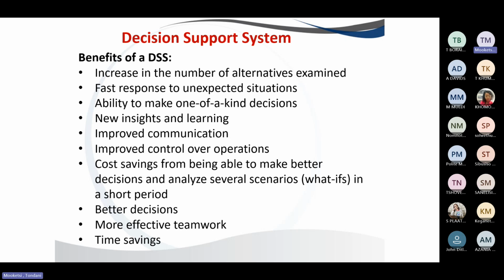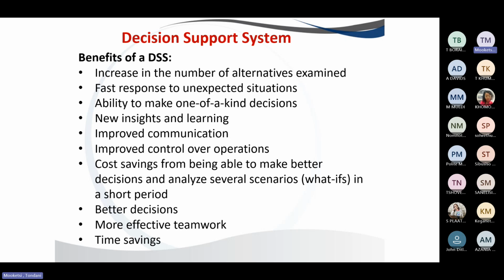Okay, then we have the benefits of a decision support system. First benefit is the increase in the number of alternatives examined. So because it is a system, it is not limited in how many alternative solutions it can generate.